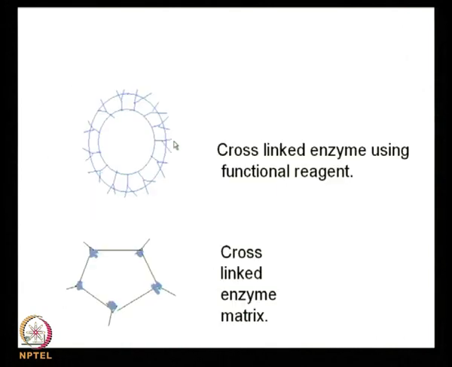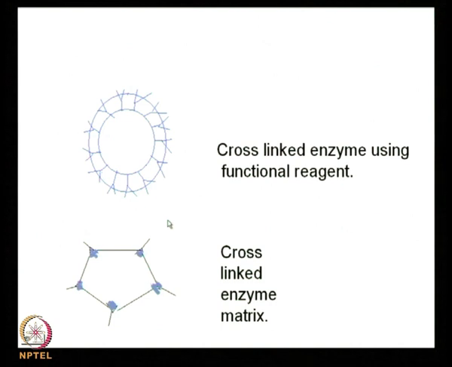The matrix itself has a functional reagent embedded in it, which allows the enzyme to cross-link to it. As a result, it is a much tighter arrangement, and then you can have a possibility, look at the bottom one here, where the enzymes themselves cross-link among each other to form the matrix.